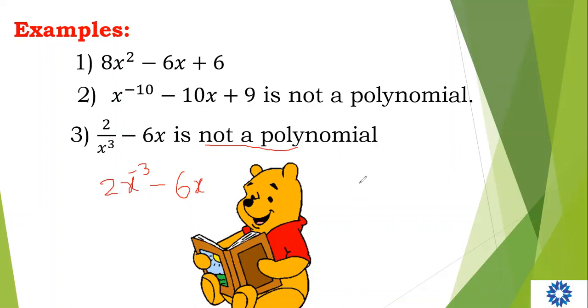We know that 1 by a power n is equal to a power minus n. So the denominator power is positive, the numerator power is negative. That's why x cube is in the denominator. If you write it as a numerator, the power is negative. So this is not a polynomial.